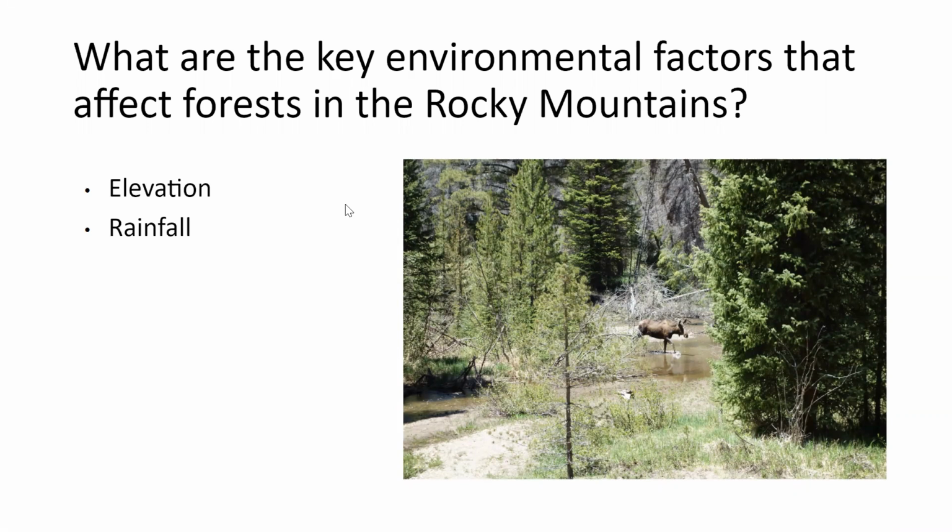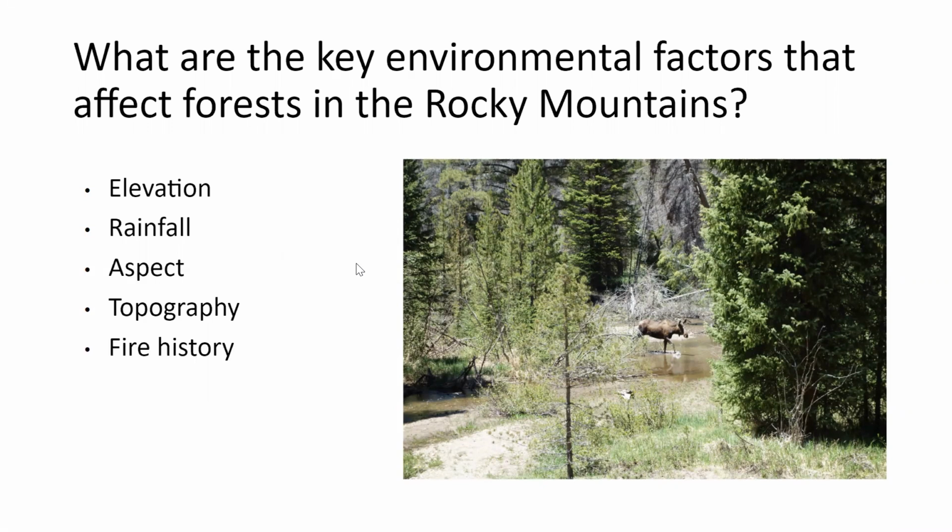It depends on if you're in the southern versus northern part of the Rockies, and also eastern versus western, and where you are in relation to that rain shadow. The aspect, right, that also plays into moisture levels, whether you're on the rain shadow, the eastern side of the Rockies, or the western side, which is wetter. That definitely makes a difference. Topography, what the landscape and landform looks like, and whether that can support trees.